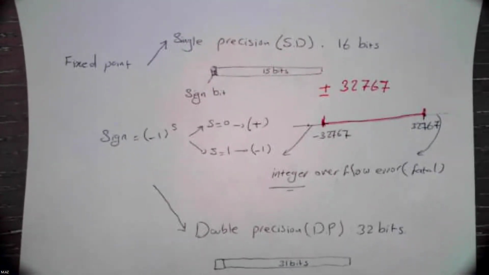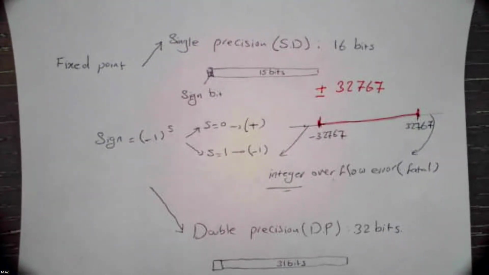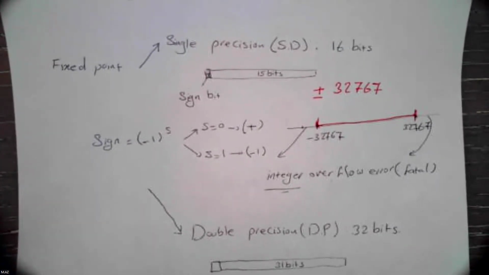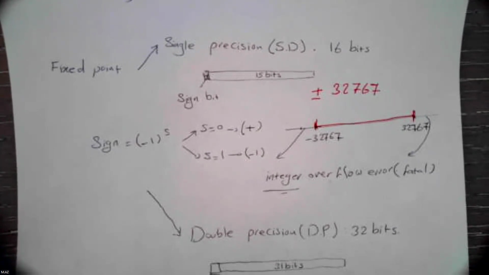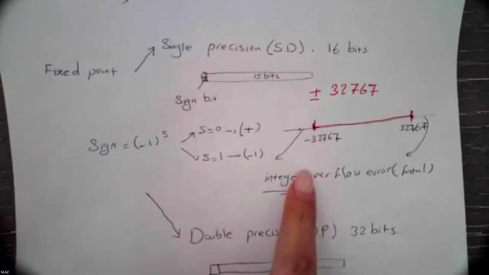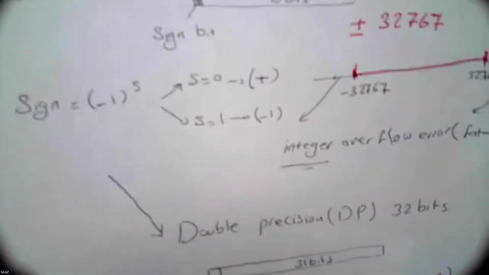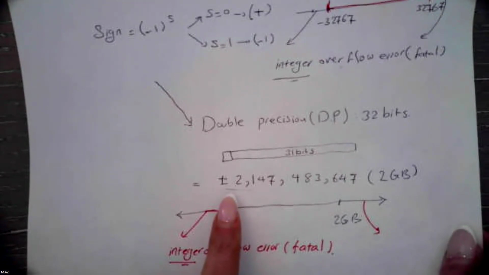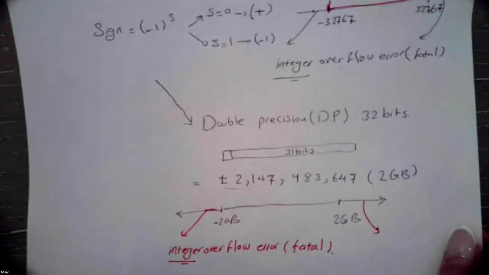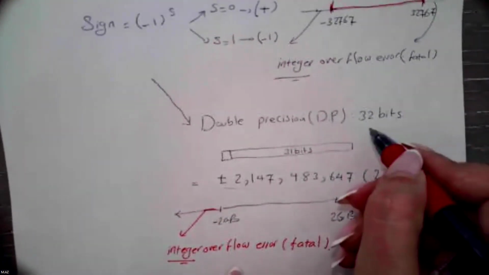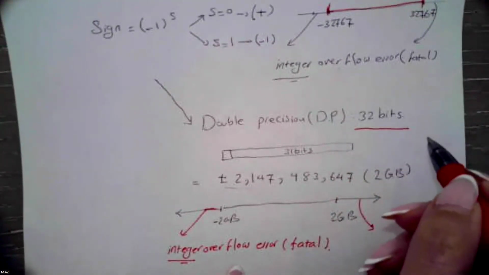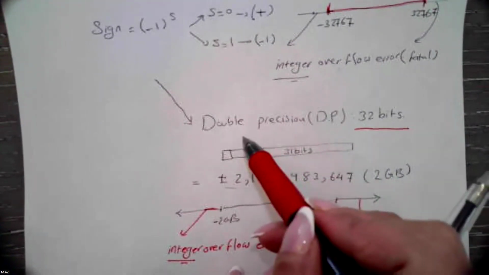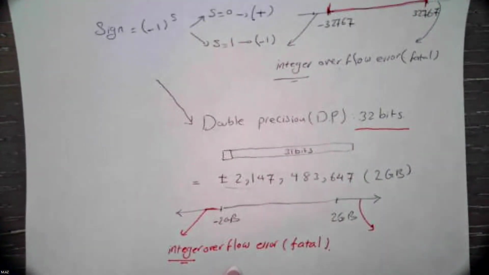If you attempt to write any number larger than this value, the system gives you an error, called an integer overflow error. For double precision, this is the largest number that we can store on a computer, using 32 bits.